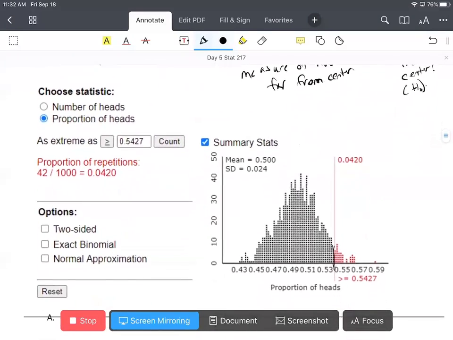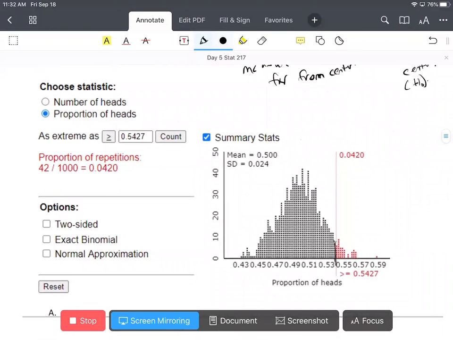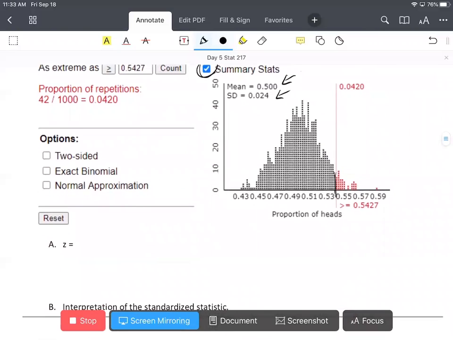So when we did this, this is once again using that same null distribution that I generated earlier. You always want to make sure you check summary statistics so that you get the mean and the standard deviation, and they're calculated for you. When I go to calculate this z-value, I'd like you to pause and see if you can come up with it and then check it compared to my number.